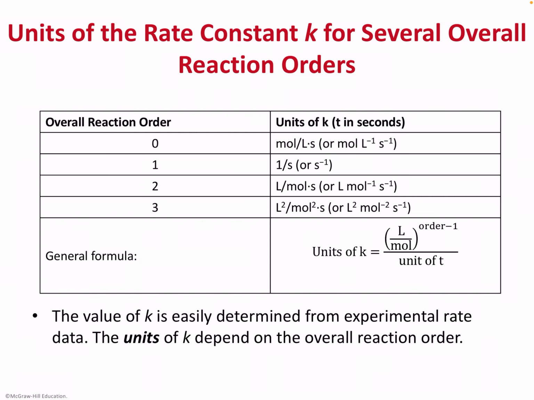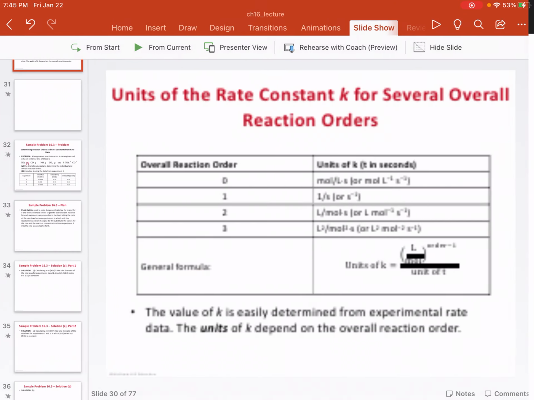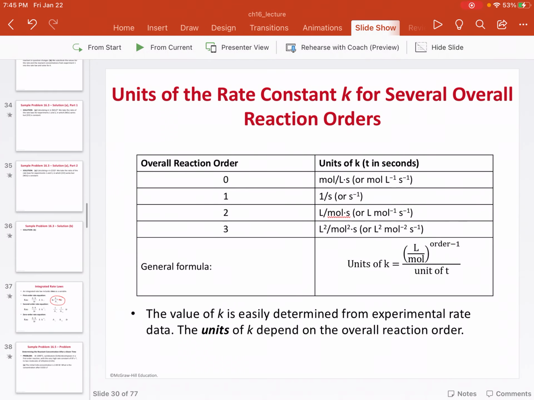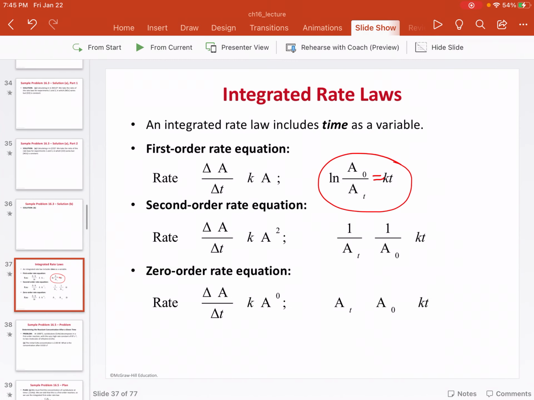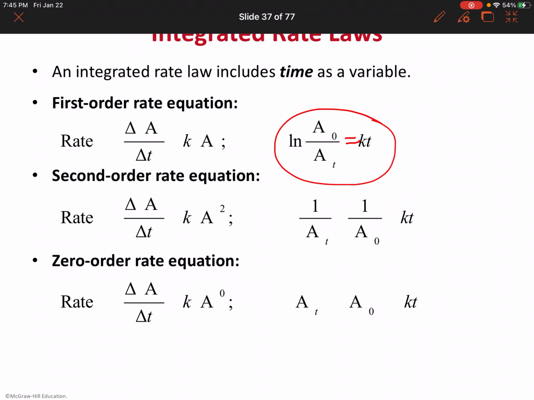And then we refer to the second order reaction integrated rate law, which is this one over here: 1 over the concentration of A at a certain time minus 1 over the concentration of A at 0 equals kt. We're going to use this one because it's a second order.